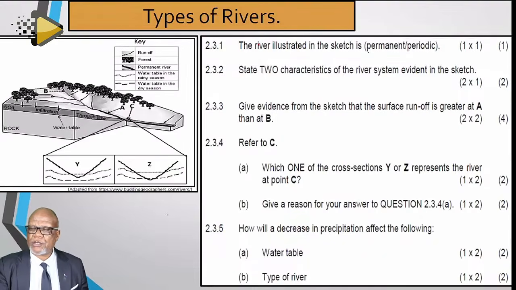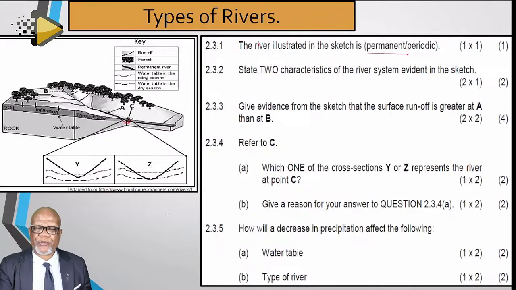So this river here is a permanent river. And why are we saying it's a permanent river? Because we can see that the water table is in the riverbed. The riverbed is crossing through the water table throughout the year, so for dry season and for wet season.